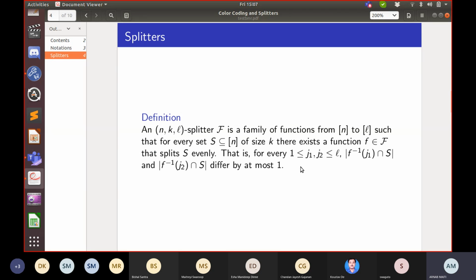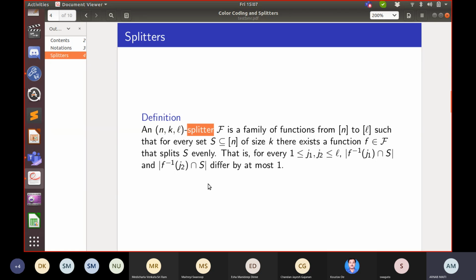This is the technical definition of a splitter, but I'll explain it using simple words again. First of all, what does this splitter represent? It is a family of functions.